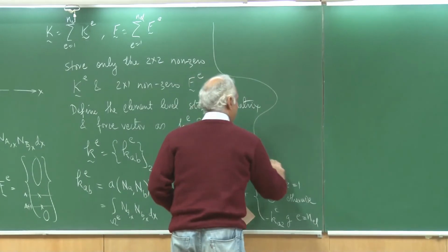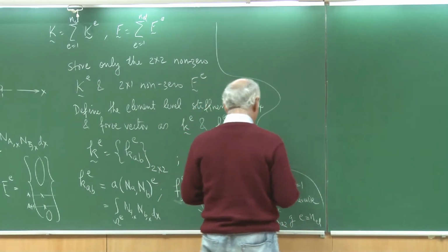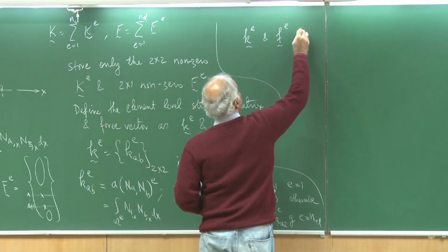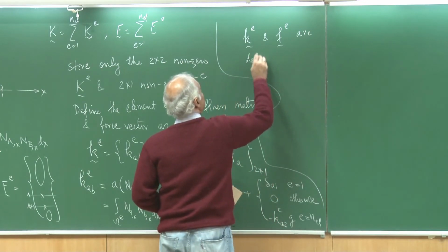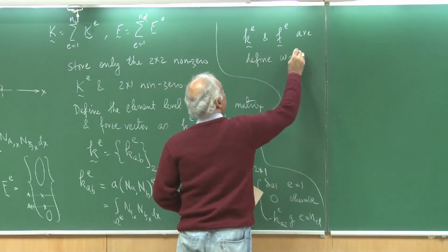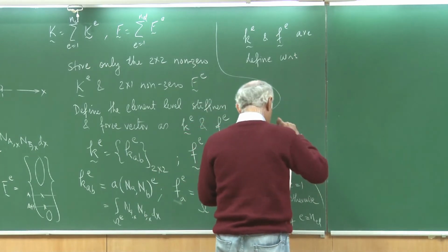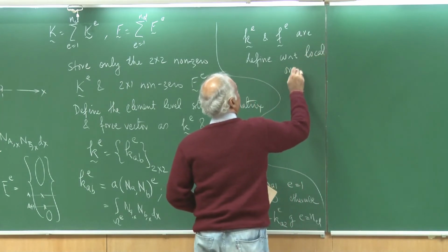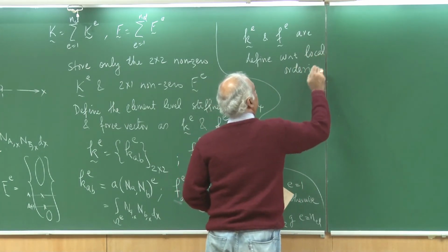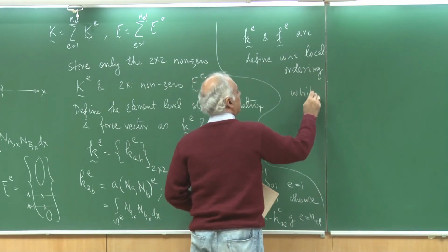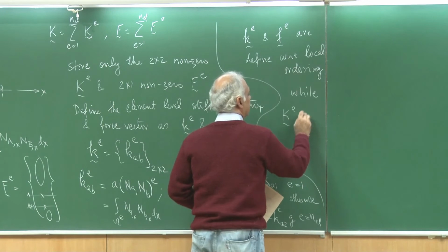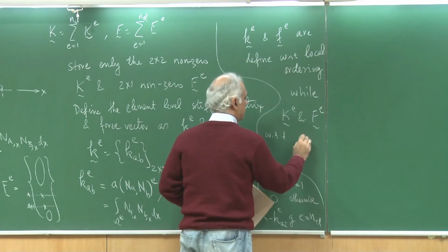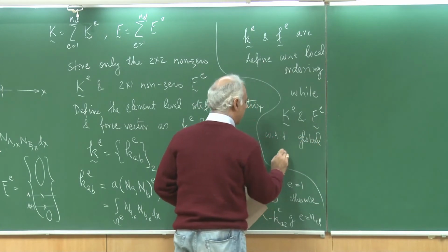So, we will just highlight this by observing the following, that Ke and Fe are defined with respect to the local ordering, while K and F with respect to global ordering.